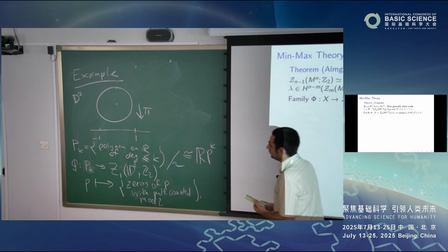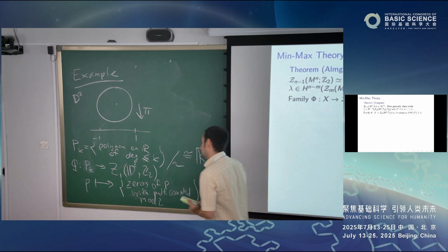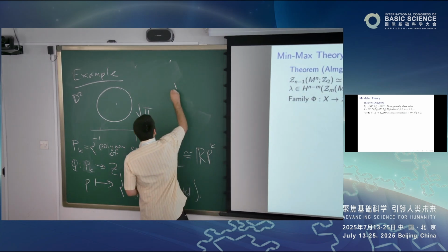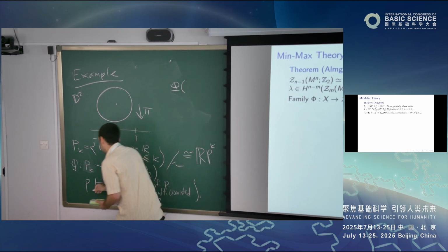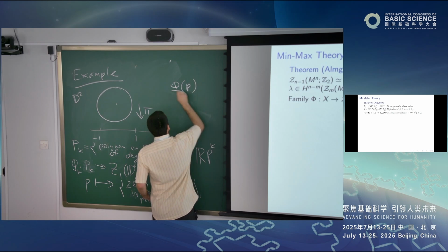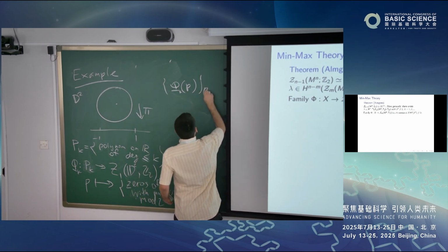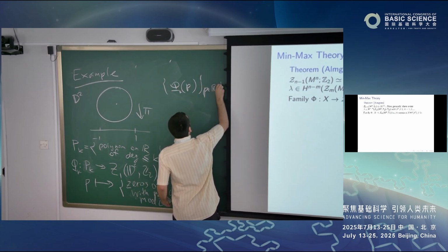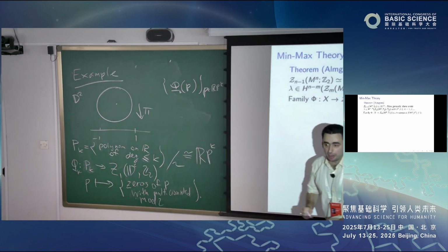Now we have this map phi, from P_k, and that will be a k-sweepout.